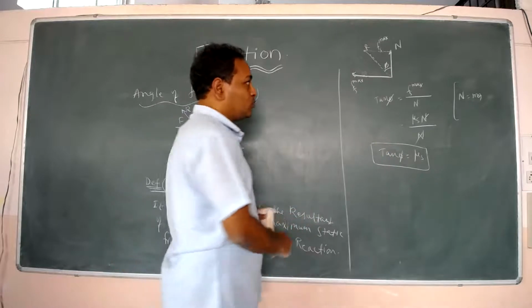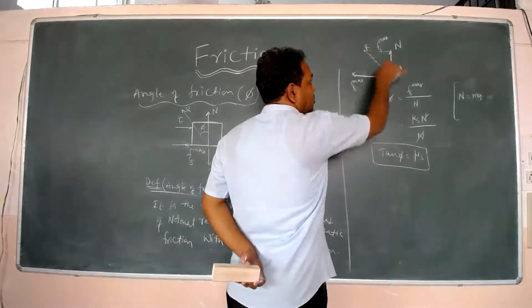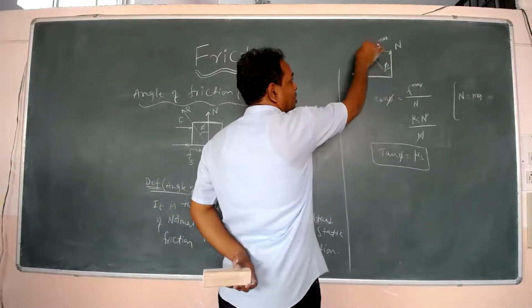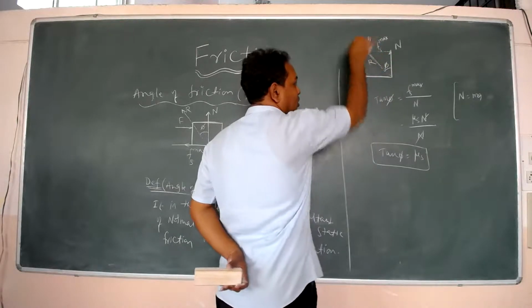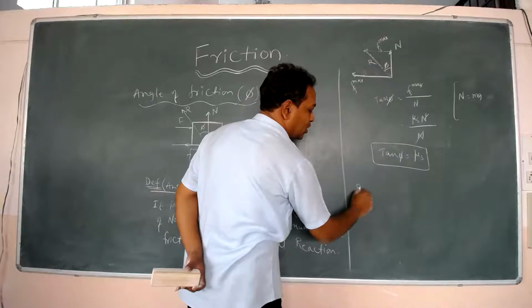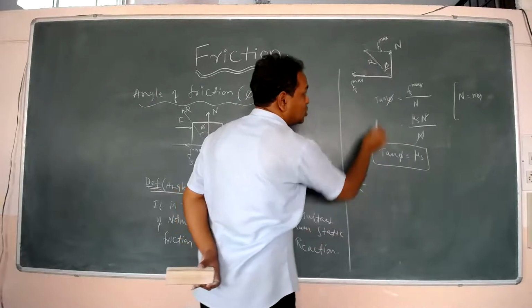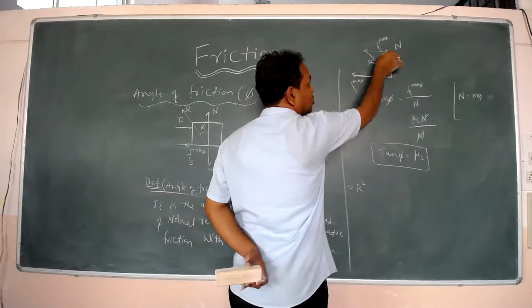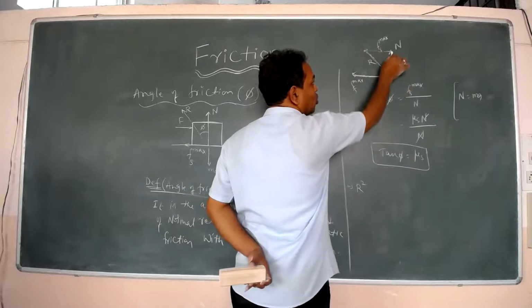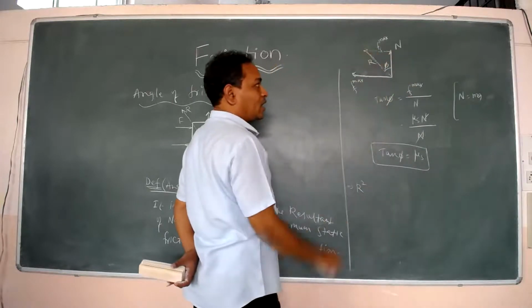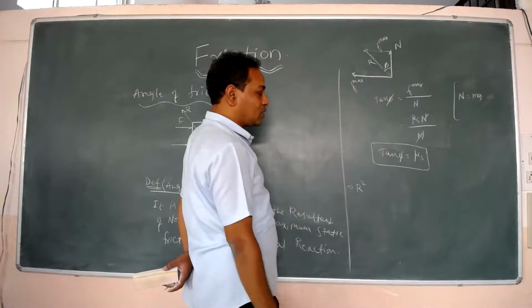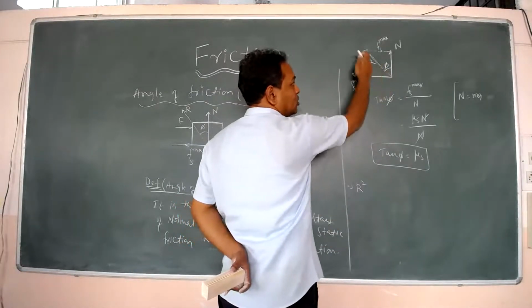Okay. Then also, from this triangle, this is called resultant R. This is the resultant. So from the triangle I can say that R square is equal to, this is called Fs max and this is called normal. This is a right angle triangle, so I can apply the Pythagoras formula.